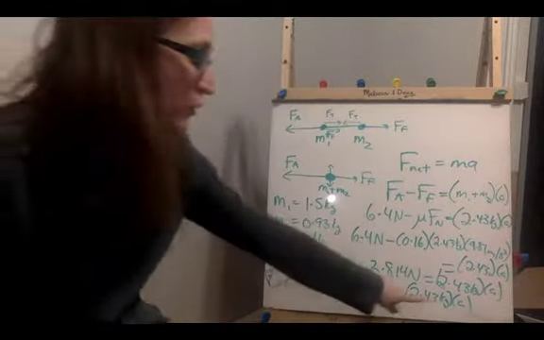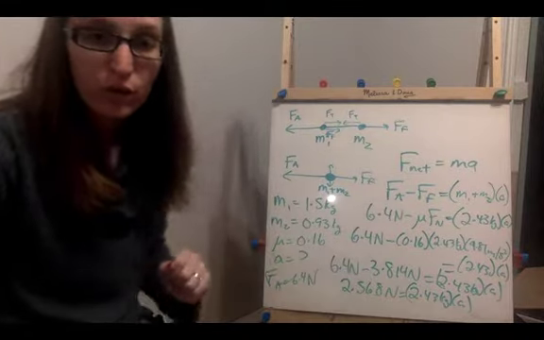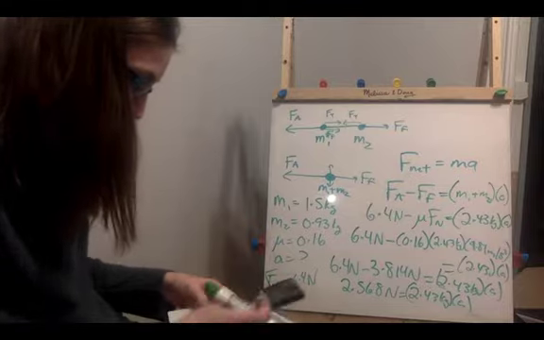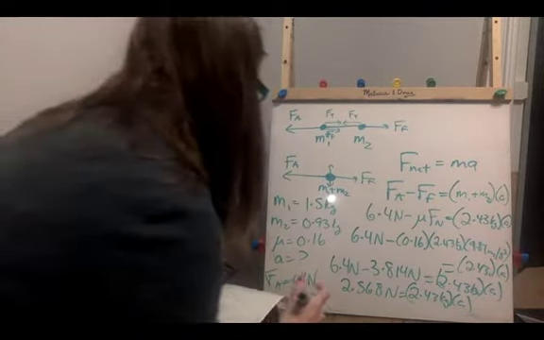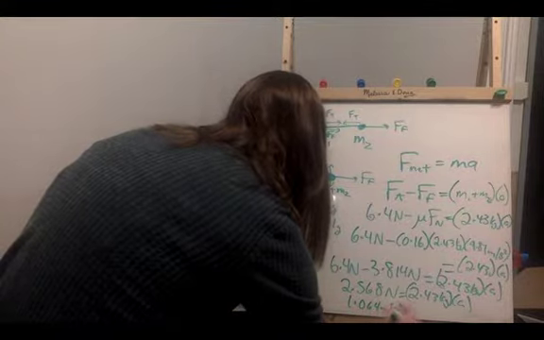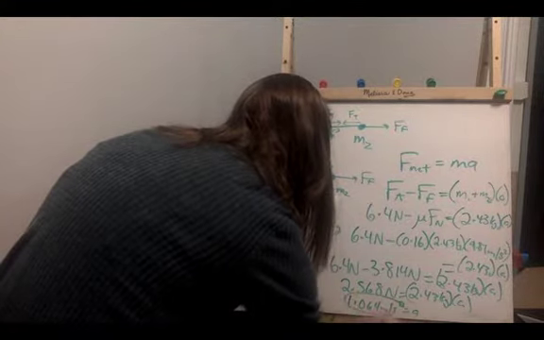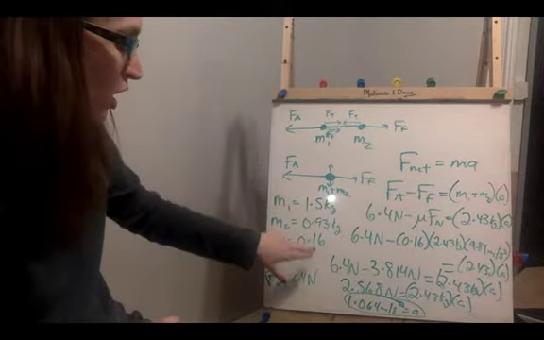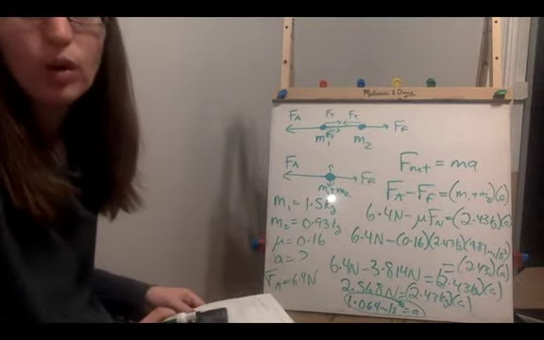And then to get acceleration by itself, you divide both sides by 2.43. So you do the 2.568 divided by 2.43, and you get a value for acceleration of 1.064 meters per second squared is your acceleration of the system, right? However, we only get 2 sig figs here, so we would actually round this to 1.1 meters per second squared.